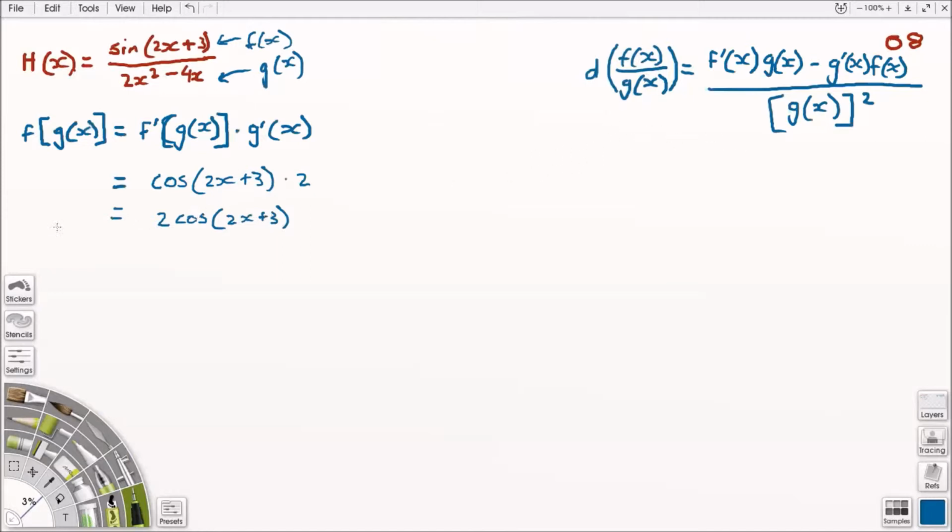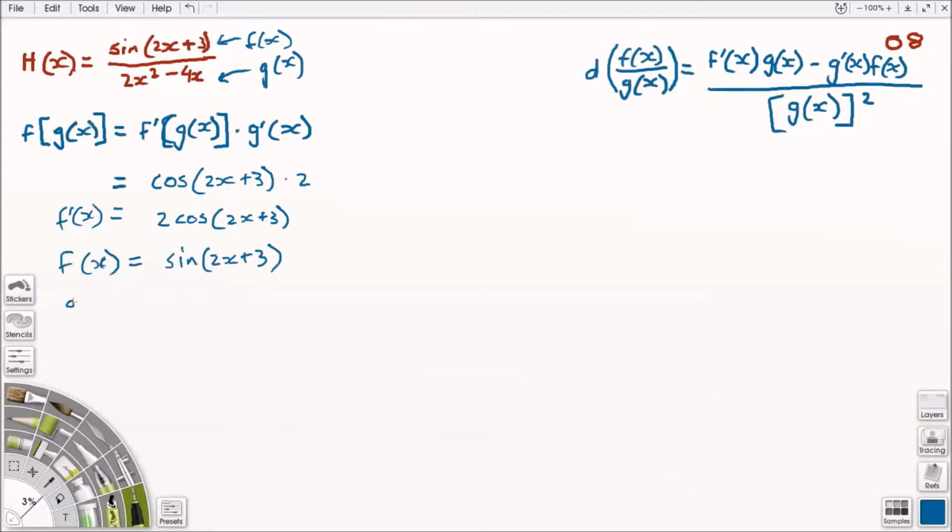Now to move on to here, so we might as well write down all our variables. So our function f dash of x. This here would be f of x, which was sine 2x plus 3, which is just our numerator.